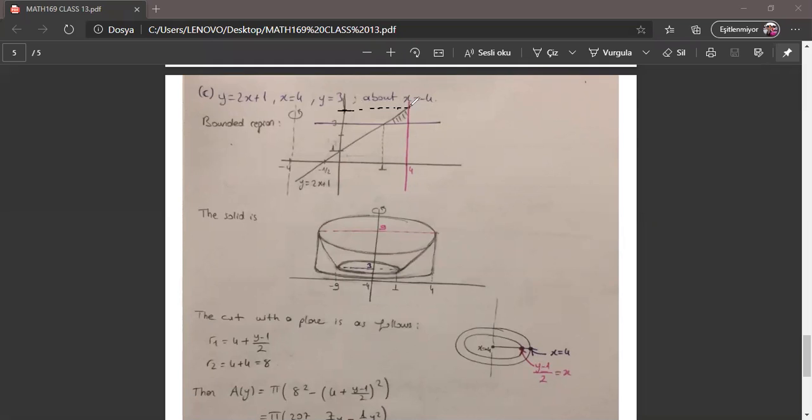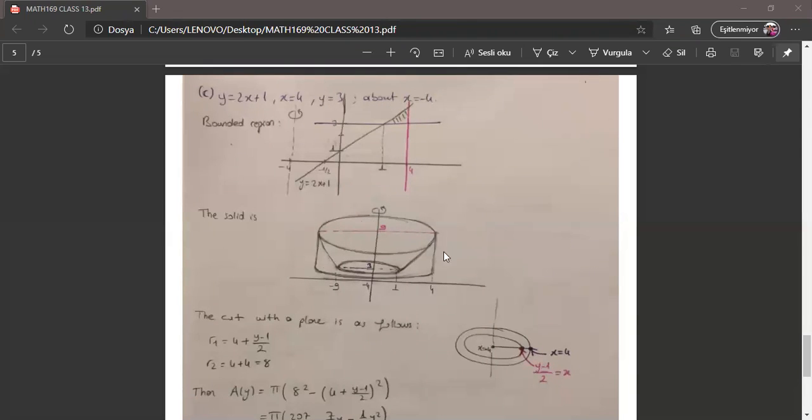What's that? It's on this line, y equals 2x plus 1. We plug in x equals 4, then we get 2 times 4 plus 1, we get 9. So it is 9 here, above. Now, the boundaries are then 3 and 9.